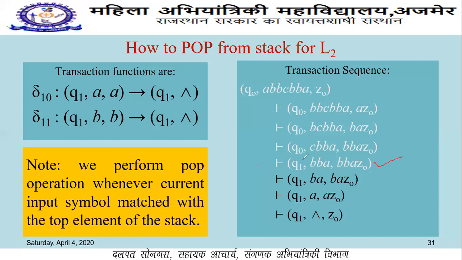The machine is in state Q1, reading WR over the input tape, and the element of WR currently under the input head is B, and the top element of the stack is B. Okay, so the matching occurs between this B and the top element B. So we perform the pop operation.